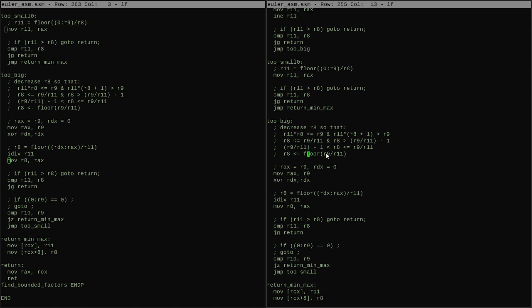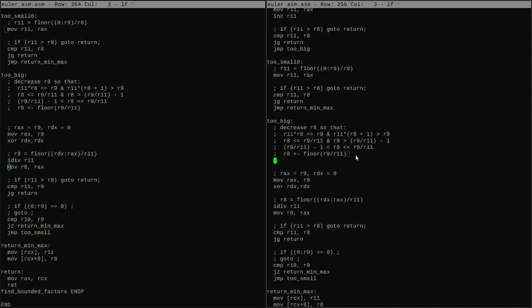So here, if the remainder is 0, we're done, because that'll mean that R8 times R11 exactly equals R9. Otherwise, when you get a remainder, one way I could have thought about this is that R8 times R11 equals R9 plus the remainder.